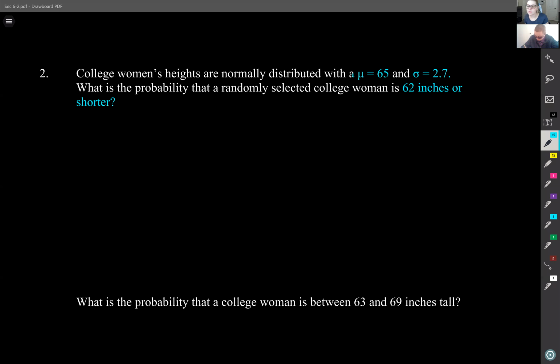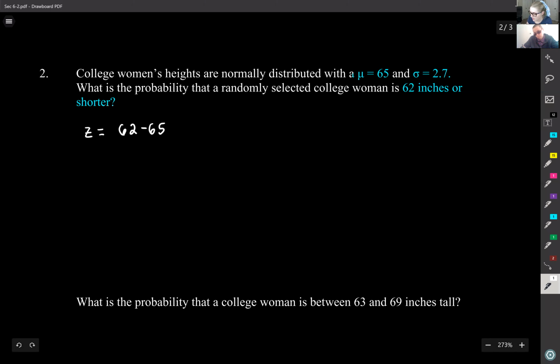Okay, so I've got a few answers by now, so let's go ahead and go over how to do this as a group. So number two, the first one wants to know the probability that a randomly selected woman is 62 inches or shorter. First of all, let's convert this to a z-score. So z is equal to, and we're interested in 62, so we take the number 62 and subtract the mean from it, and then we divide by the standard deviation, which is 2.7.